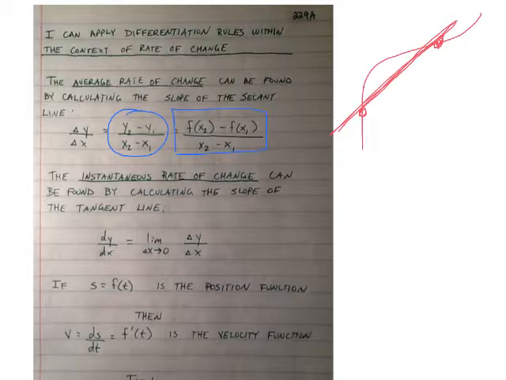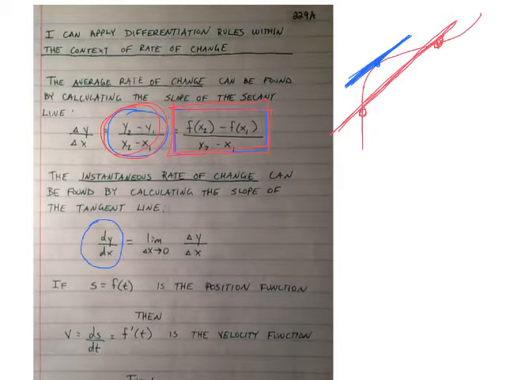More common to calculus would be finding the instantaneous rate of change. And let's circle these in red. The instantaneous rate of change would be the slope at a point, so we want to know the exact slope at that point. We've seen the notation dy dx.